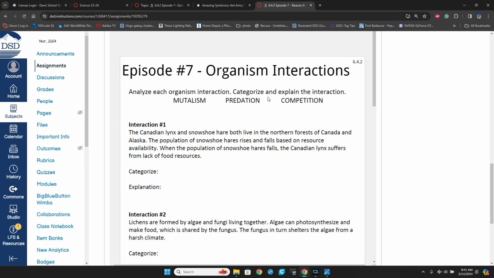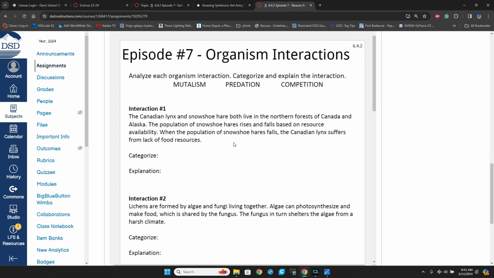Now, once you have that understanding, you're going to go into this and read the interaction. So I'll do the first one with you. The Canadian lynx, which is a wild cat, and the snowshoe hare, which is a rabbit, both live in the northern forests of Canada and Alaska. The population of snowshoe hares rises and falls based on resource availability.